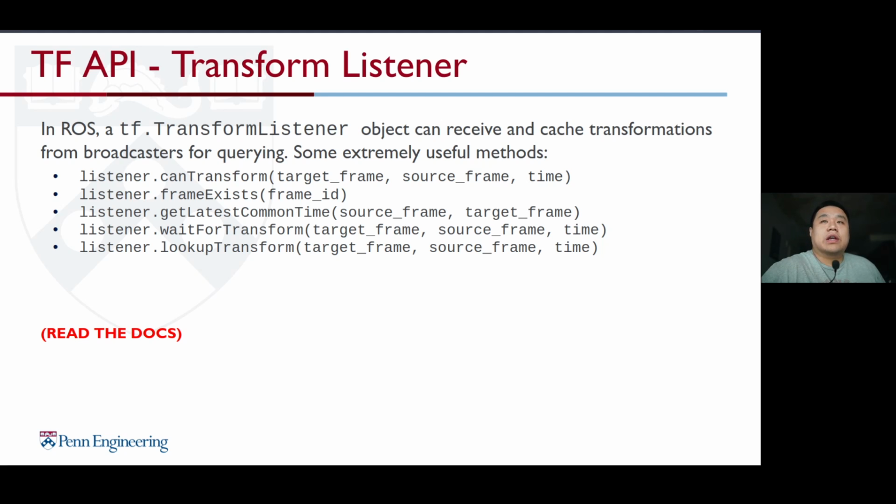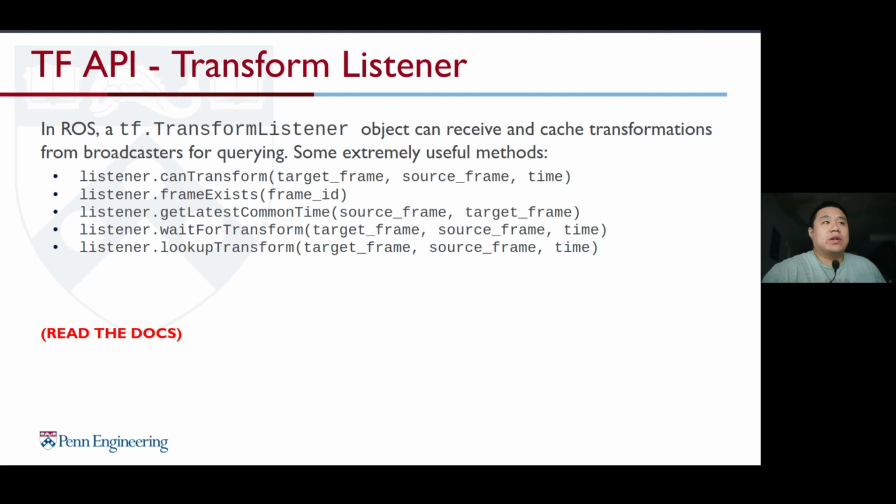It can also check if a frame exists. It can also check the latest common time between a source frame and a target frame, which is the latest time where these two frames synced up and the transformation is available.